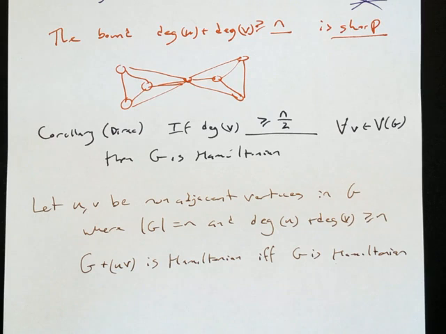If I know that Ore's theorem condition works on the degrees, then every step of the way I had Hamiltonian.